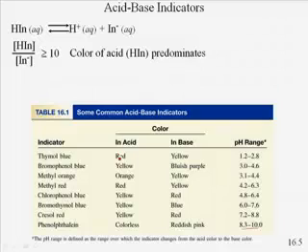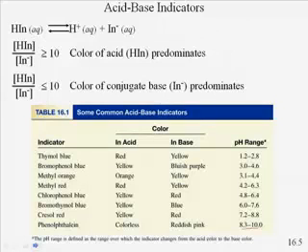Okay, so as long as you have at least 10 times more of the acid than you do of the base, you're going to see the color of the acid. And then the same thing here, if it's less than that, you're going to see the color of the conjugate base. Or conversely, if the base is present in at least a tenth of it, you're going to see that base color.